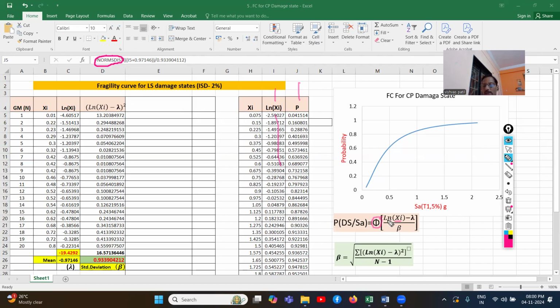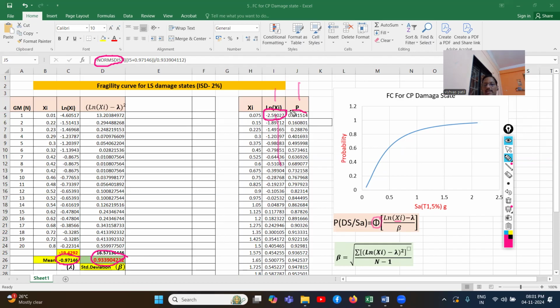Into the bracket, put the numerical ln value, this particular value, minus the lambda value, divided by the beta value. Then find its normal distribution.